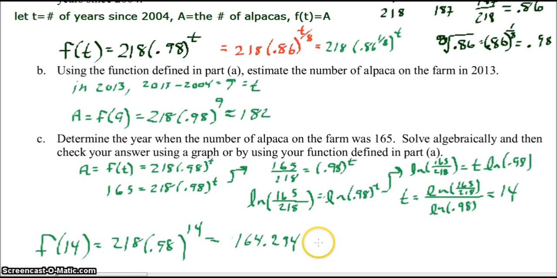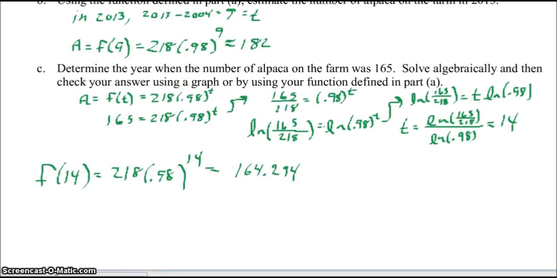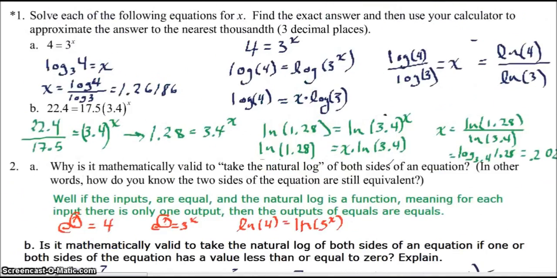It's a little bit less than 165. That's because we rounded off our growth factor. Probably should have kept more decimal places there. If you're ever dealing with money, you don't want to round off too soon, because then your final answers aren't quite correct. You may lose some money. Anyways, but that's okay. Pretty close.